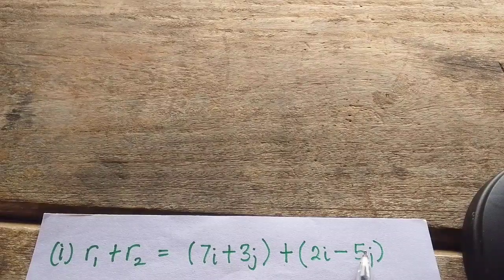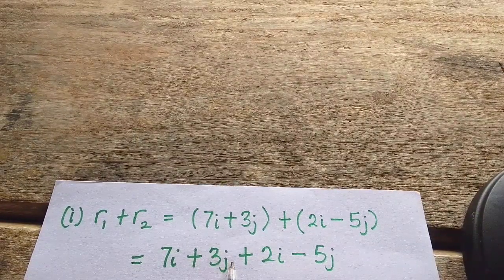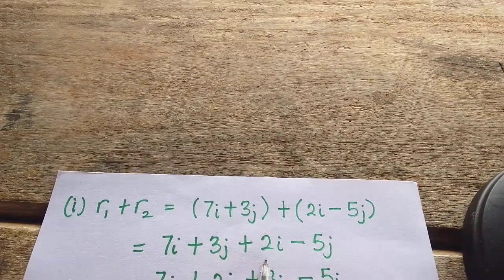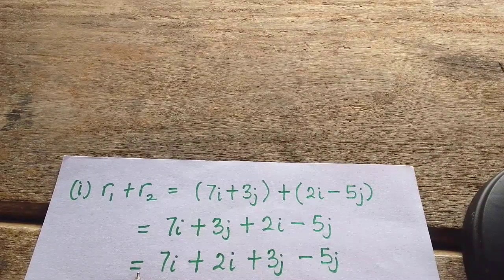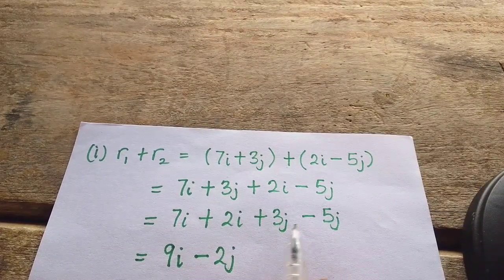So when you add it, open the bracket, you're having 7i plus 3j plus 2i minus 5j. Rearrange those that have i together: 7i plus 2i plus 3j minus 5j. 7i plus 2i will give us 9i, 3j minus 5j is minus 2j.